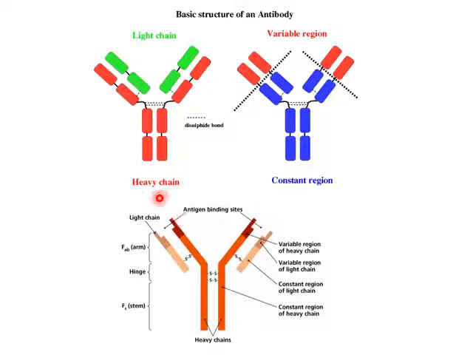Whatever that antigen is, the body will design a binding site that will attach to that antigen. And that's what takes the time, that's what takes the energy, that's what takes the effort. So B cells produce these antibodies, and their job is to stick to an antigen that they recognize.